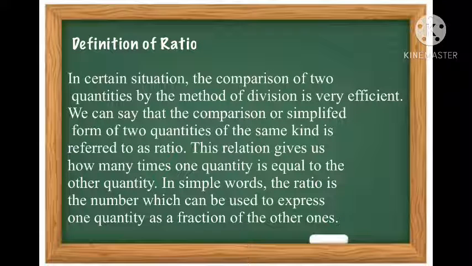This relation gives us how many times one quantity is equal to the other quantity. In simple words, the ratio is the number which can be used to express one quantity as a fraction of the other one.